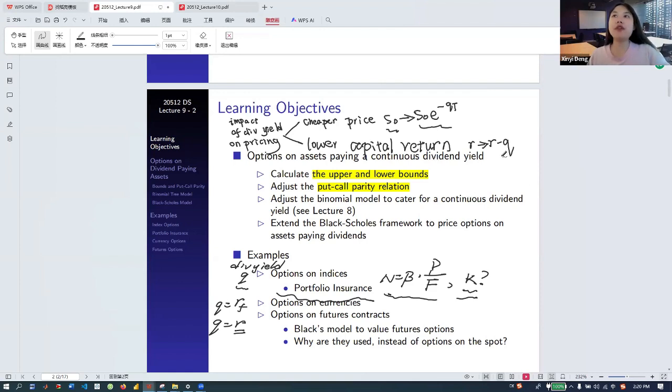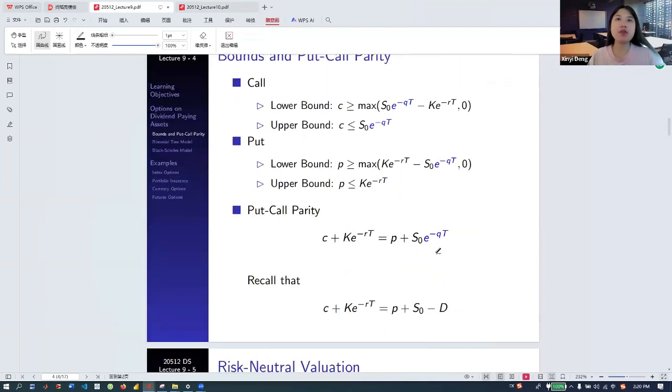But for an option whose underlying asset pays a continuous dividend yield of q, its capital return is lower. Actually, in the Black-Scholes model, let me check.